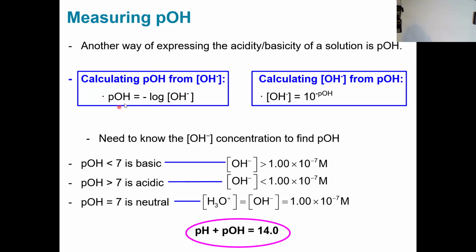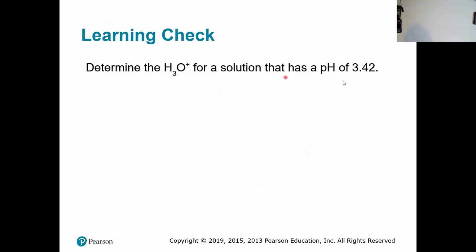The pH scale and the pOH scale are related to each other because when you know something's pH, you can automatically find its pOH because the pH of something added to its pOH will always add up to 14. So for example, in this example that we looked at here, if I know that something has a pH of 3.42, I can automatically find its pOH by doing 14 minus 3.42.